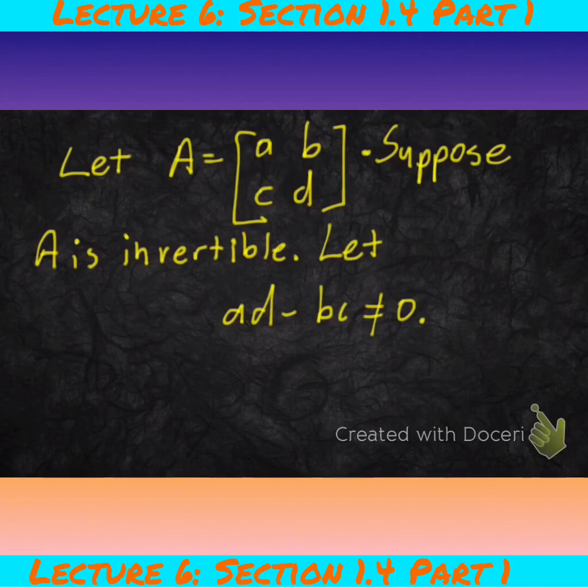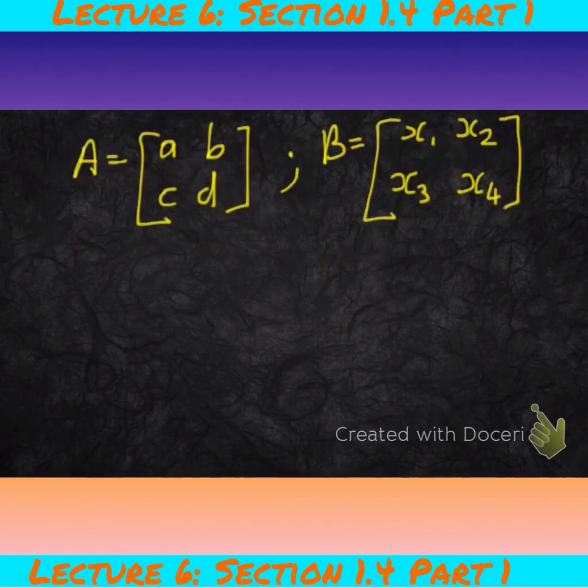So take a matrix A, 2 by 2, and let's assume that A is invertible. And let's also require that A times D minus B times C is not 0. The question is, what is the inverse of A? Let B be A's inverse. So we want to find this matrix B.